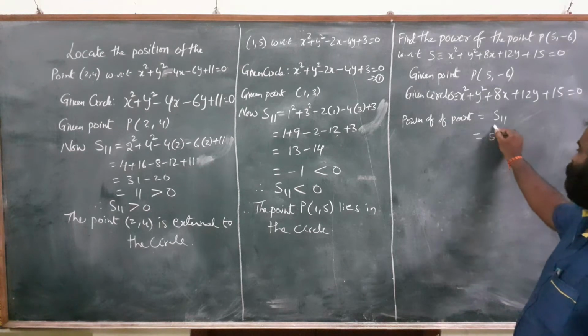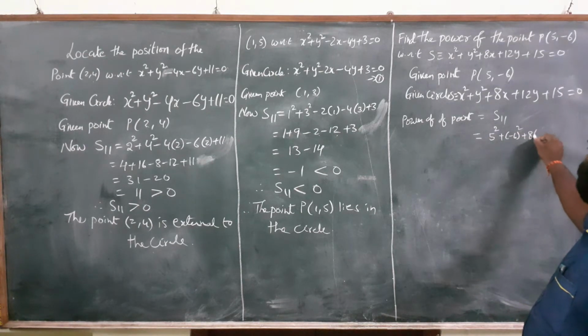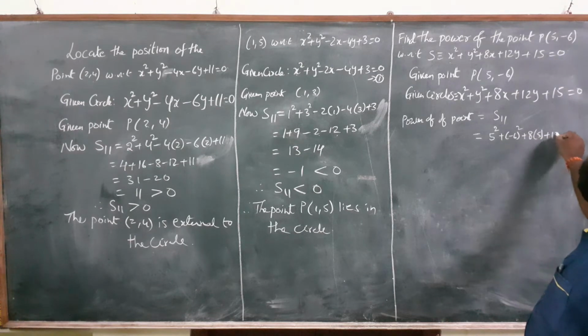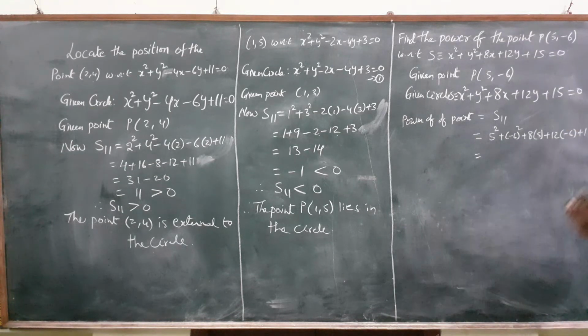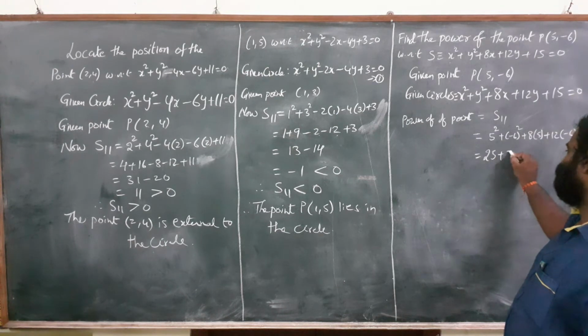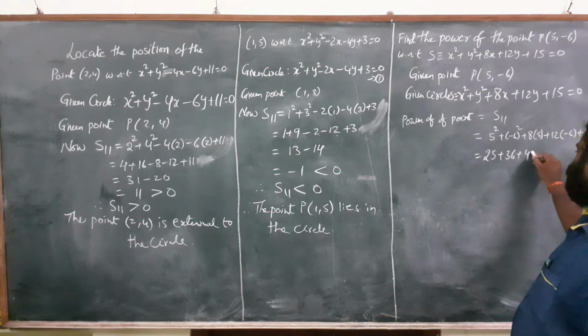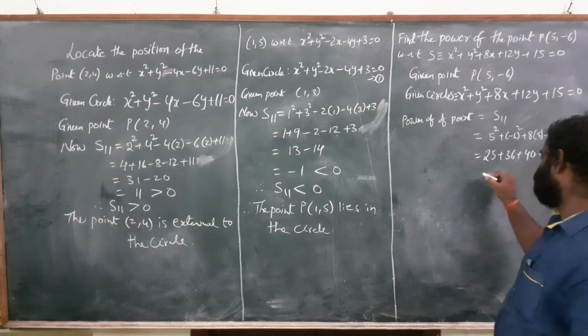S11 means nothing but you have to substitute this P in the circle. Then what happened? 5 square plus minus 6 whole square plus 8 into 5 plus 12 into minus 6 plus 15. So no need of writing equal to 0 here also. Then what happened? 25, 36, 40 minus 72 plus 15.